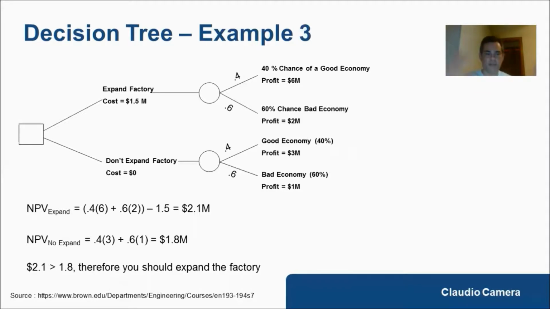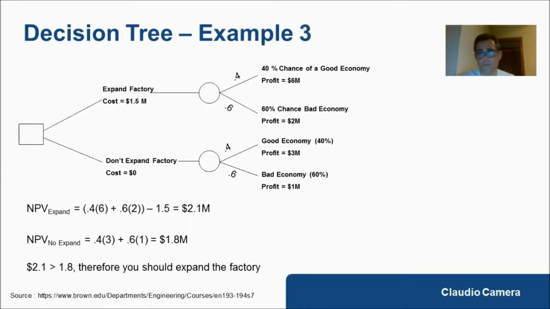Suppose that I have a factory, and I'm going to expand it. I'm going to buy new equipment, or new facilities, buildings, and so on. The cost of expanding the factory is $1.5 million. All right. And if I don't expand the factory, it will not cost me anything.